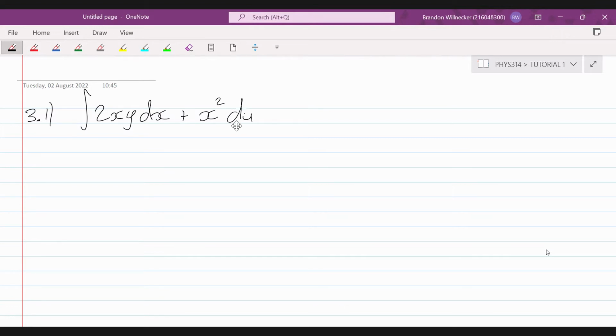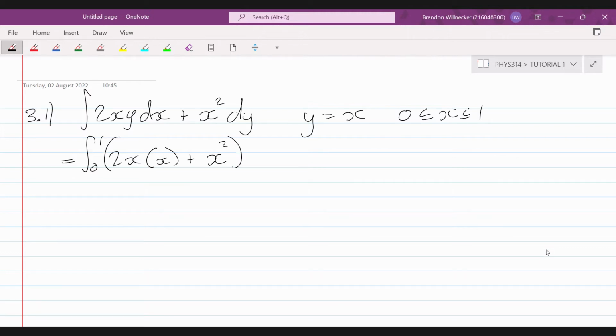Okay, and we were given the following curve gamma. It was y equals x, where x goes between 0 and 1. Okay, so we want to calculate this integral. So we've already got a parameterization of it in terms of x. So we can write this as the integral from 0 to 1, 2x times x plus x squared, put all of that in brackets, dx.